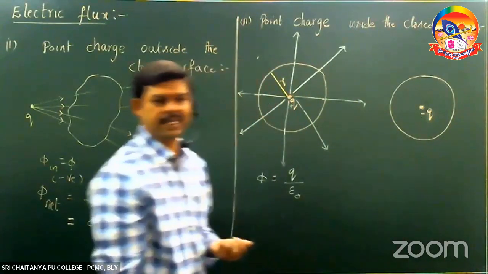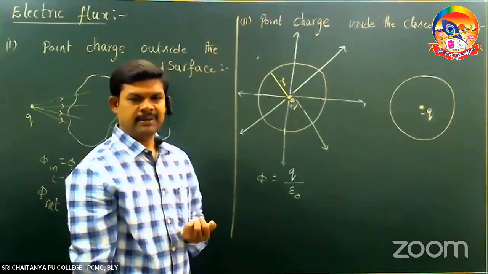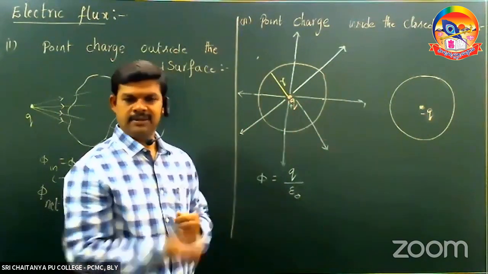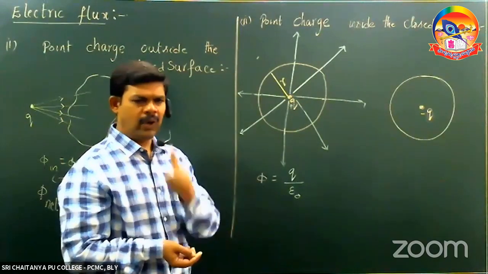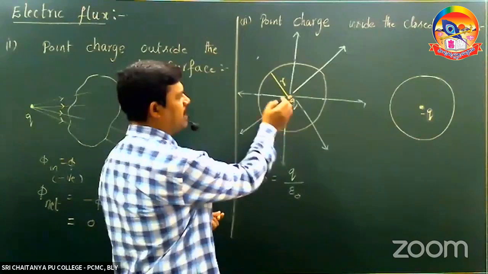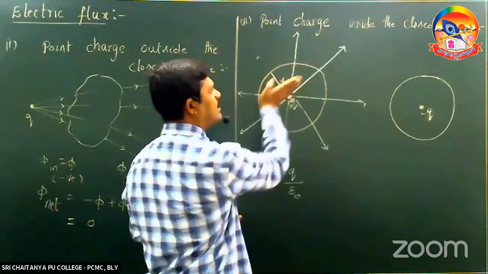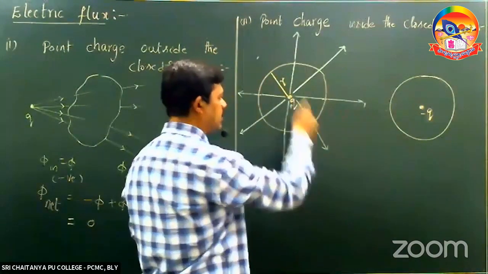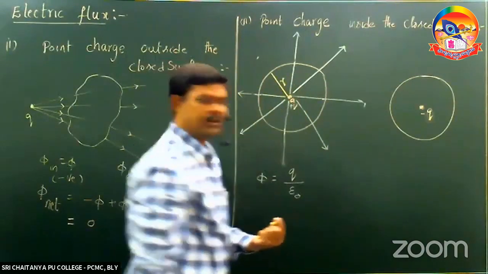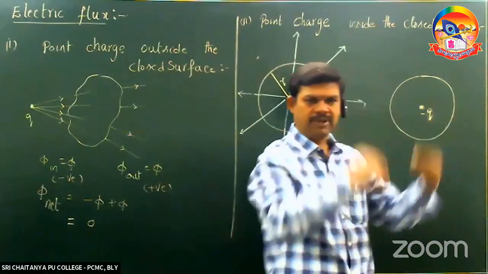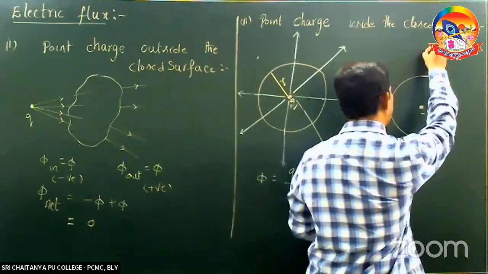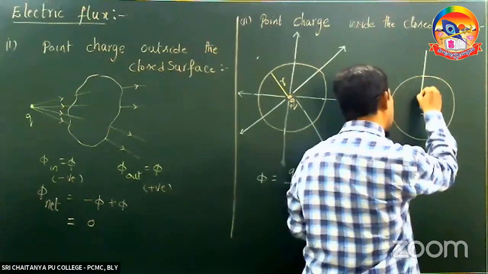I'm placing at the center. What happens? Right? The only difference is from the positive charge, electric lines come out from the surface. They diverge. For the negative charge, they converge. Sir, what is converge? They appear that they are coming in.